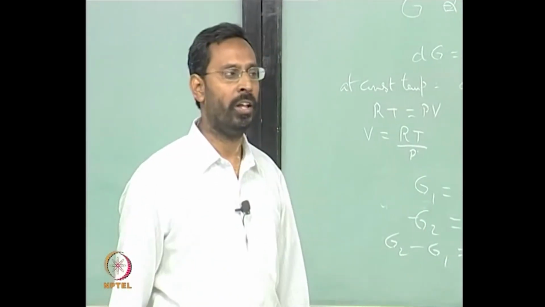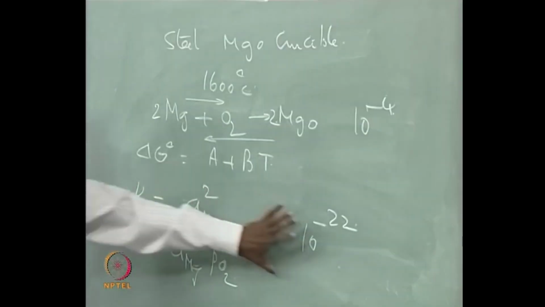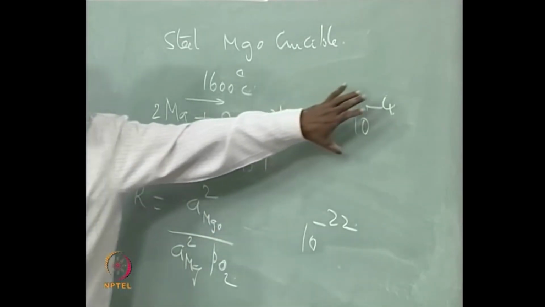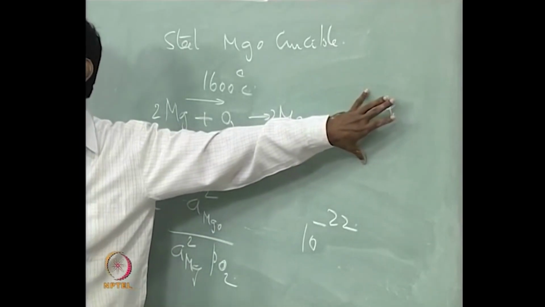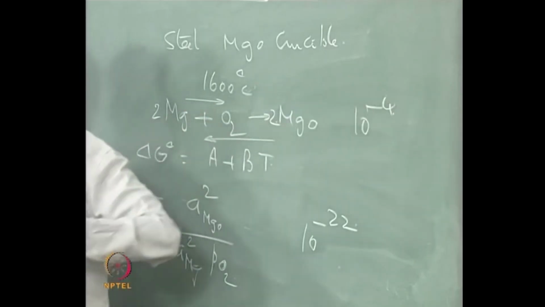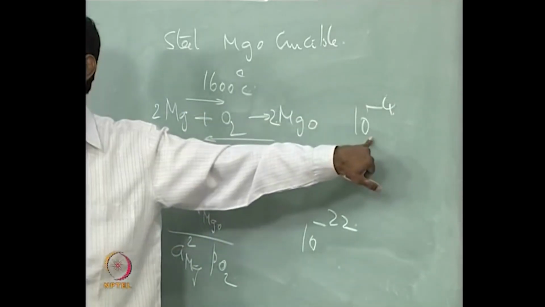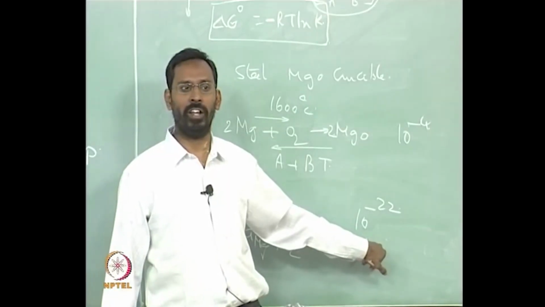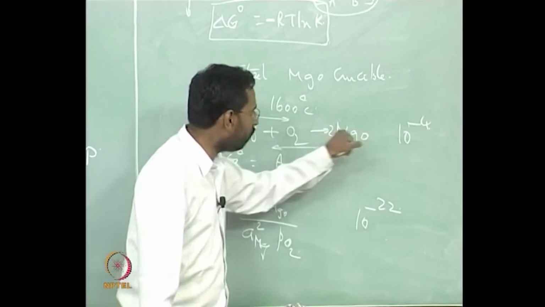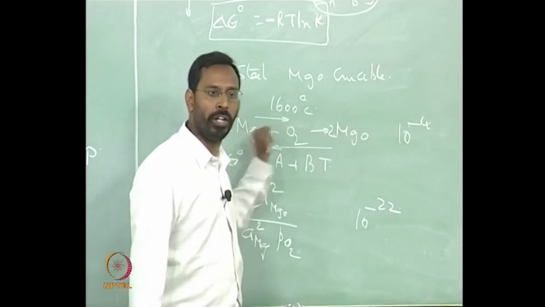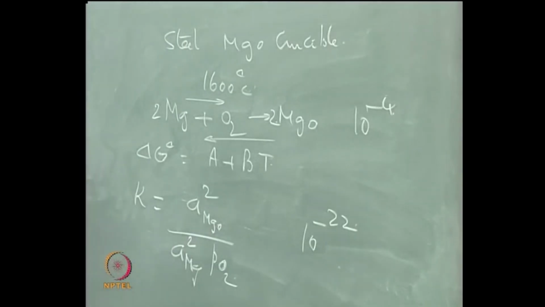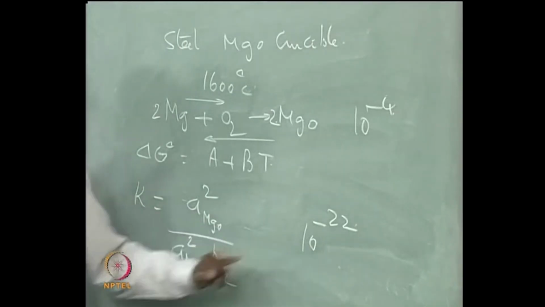So this value is much smaller than the actual pressure. As a result, at this vacuum level, because the actual oxygen partial pressure is much larger than the equilibrium partial pressure of oxygen, the reaction would not go in this direction but in the other direction, because excess oxygen is available.